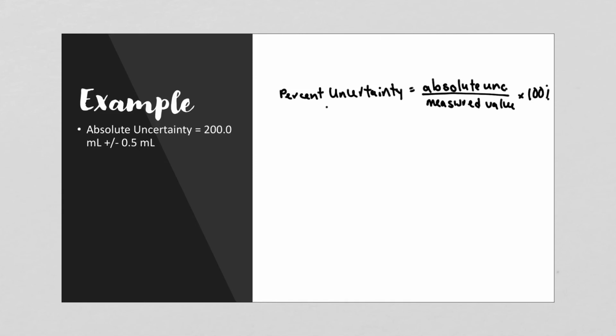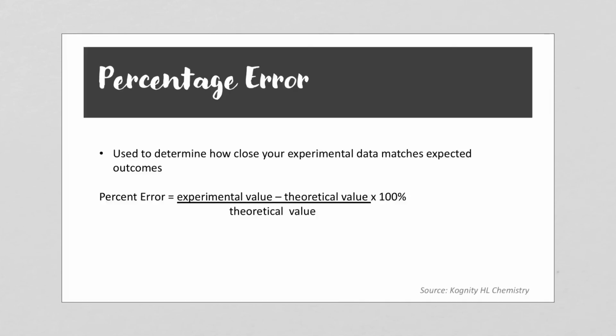So that is equal to 0.5 milliliters divided by 200.0 milliliters times 100%. And we get a percent uncertainty of 0.25%. So that is our percent uncertainty for this.